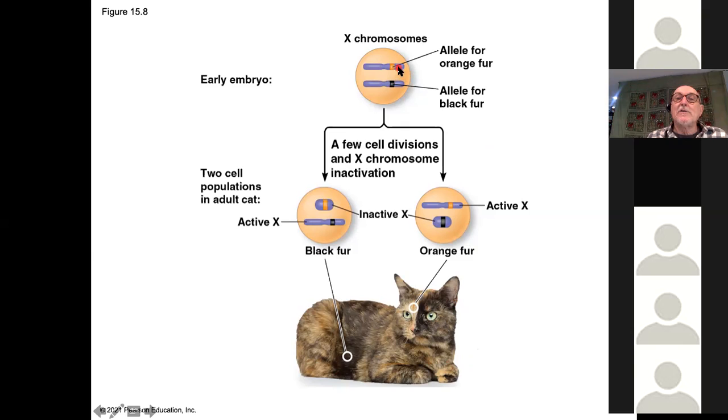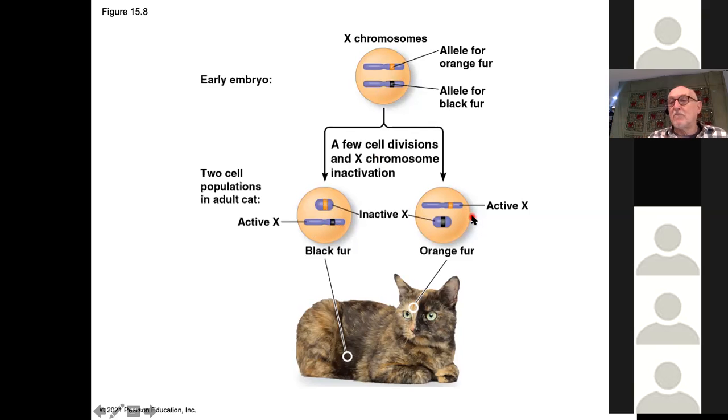Here's an allele for orange fur on the X chromosome. Here's an allele for black fur on the other X chromosome. Now they go through some cell divisions in the zygote and then X inactivation. Look at this one. This orange one is inactivated. Only the black one is activated.